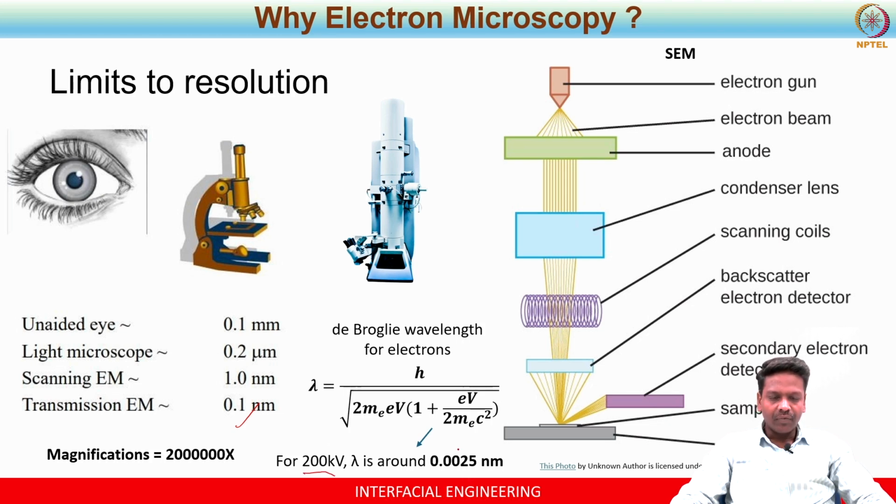The lambda for electron in this case will be 0.0025 nanometer. So that is the characteristic size of the electron. Electron can access any space between the atoms, whereas light cannot pass through because of its wavelength limitation. So that is the difference.